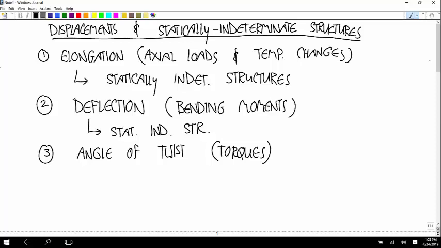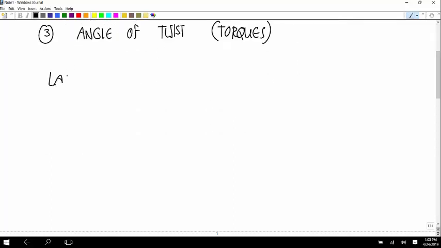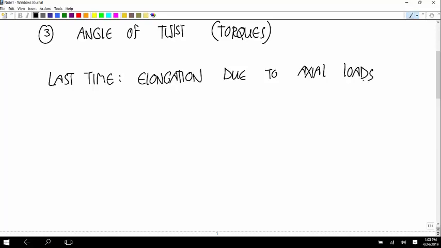What we talked about last time was, we're still talking about elongation due to axial loads. And we had this overall formula that said the change in length was equal to an integral over the whole length of the internal tension dx over EA.